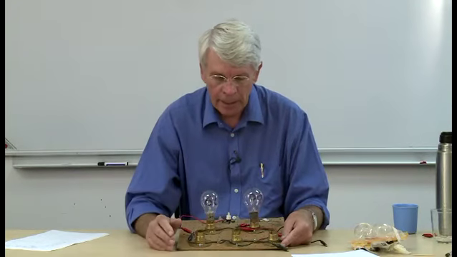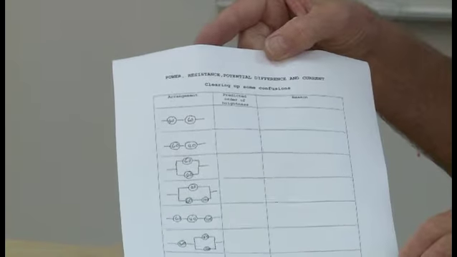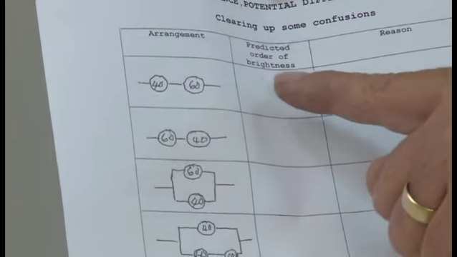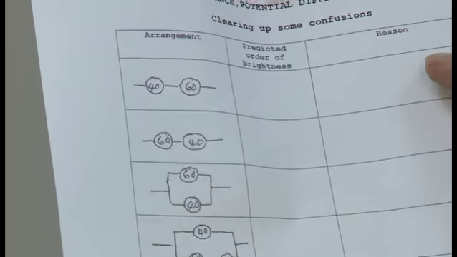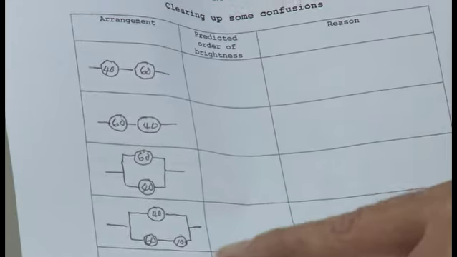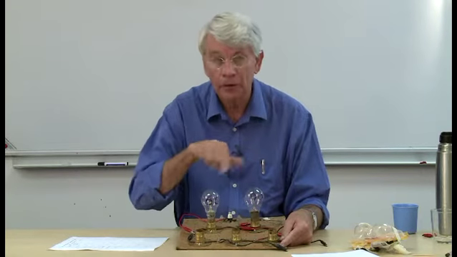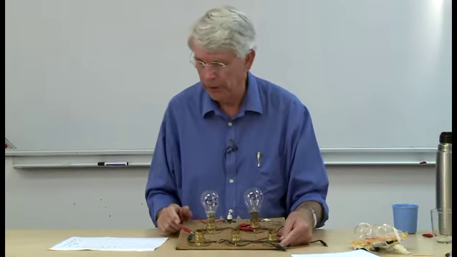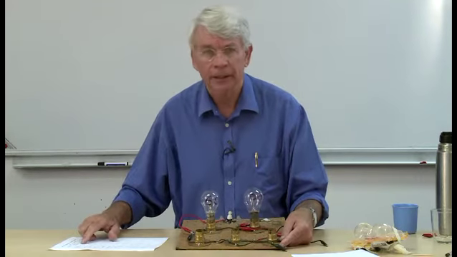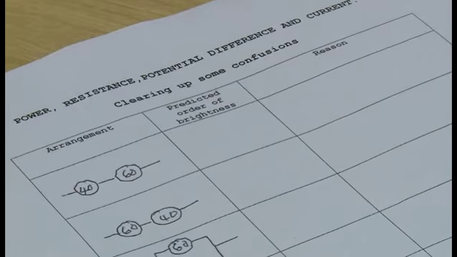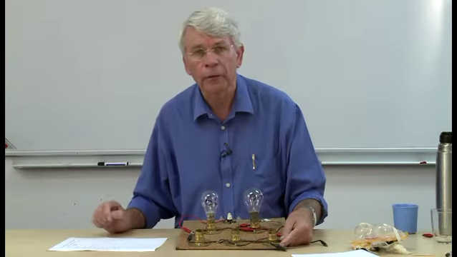Well, in instances like this, what I would do is couple it with a worksheet that I've developed, where each student has got one of these, and there are various circuits that I will work through and set up for them. And before I push the switch to switch the electricity on, I would ask them to predict which one's going to be brighter than the other, or what they are going to see, and to also give a reason.